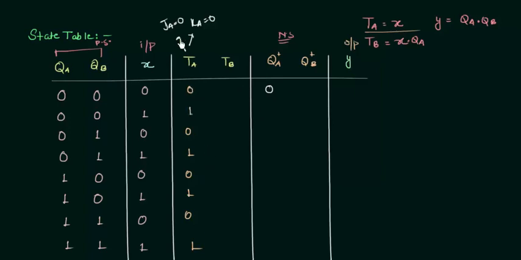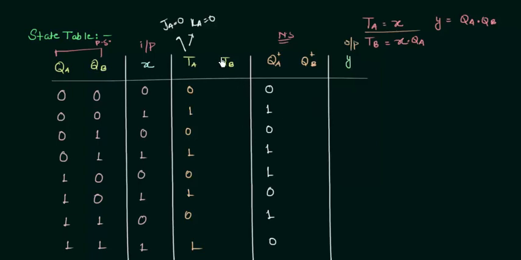When TA is 1, J is 1, K is 1, it means toggling. We have to take the complement of QA, and the complement of 0 is 1. Again 0, memory; again toggling. So 1, 0 is memory, 1 toggling, 0 is memory, so 1 is toggling, so 0. This is what we got as the next state of my first flip-flop, that is A.